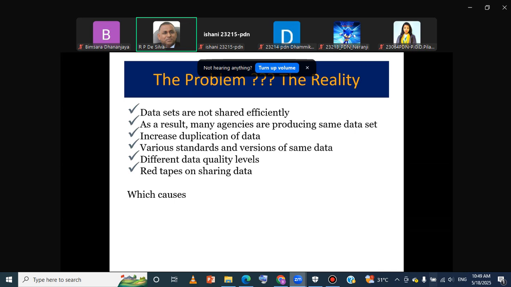Multiple data sets with different standards, different versions of the same data, which have not been chronologically improved. Like if you have one source of information, say for example, land use, every year land use changes. So you produce a new map, but it's chronologically recorded so that we know when it was started, how it was developed, now what kind of status we have for the data.